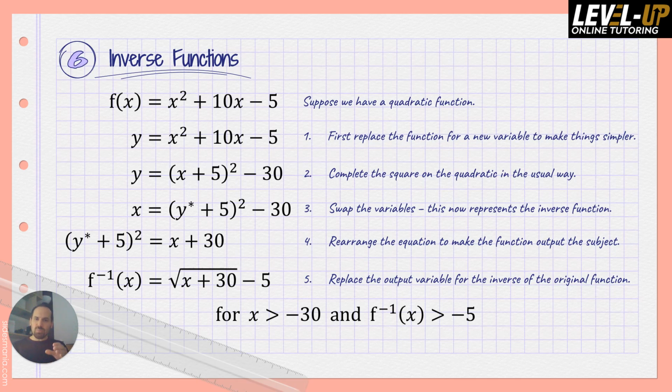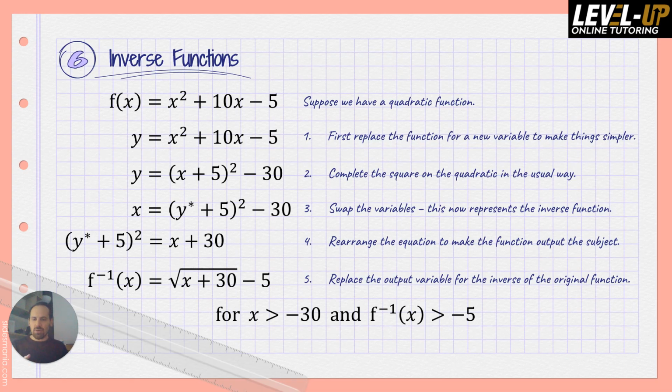So you can always pause on this slide and take a closer look at that. The problem with this one is we then have to restrict the possible solutions we can have. We can only allow x greater than minus 30, because look at that inverse function. If x was less than minus 30, then we would get a square root of a negative number, and we can't have that.